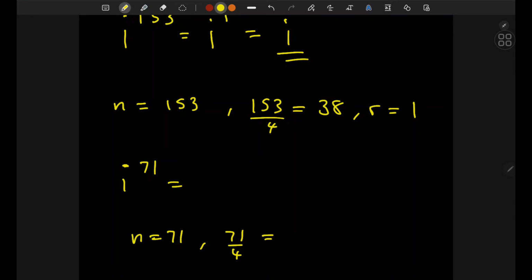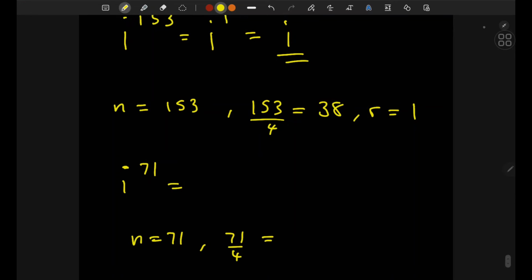What is the remainder? So 4 into 71, the remainder is 3. So we'll write i raised to 3, and i raised to 3 is negative i. So that's how we'll be solving all expressions or questions concerning i.